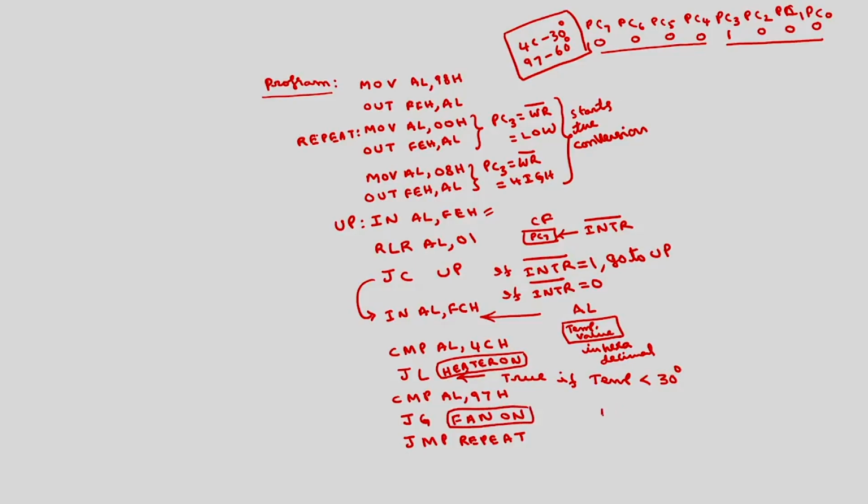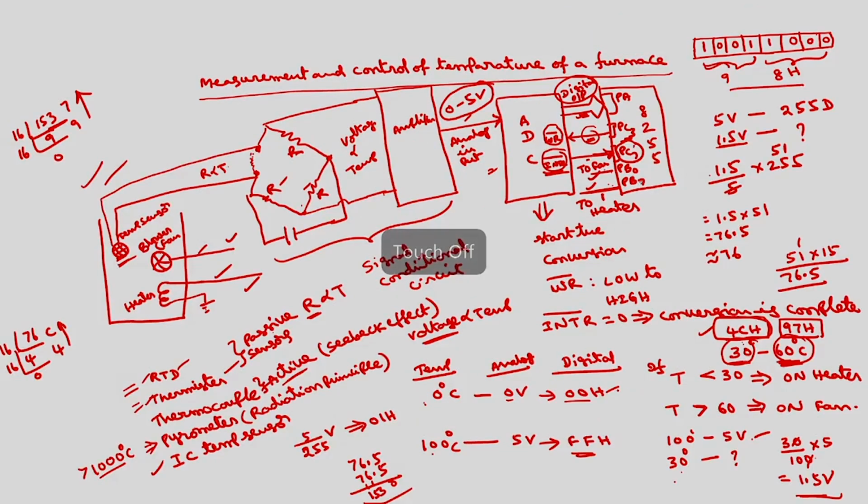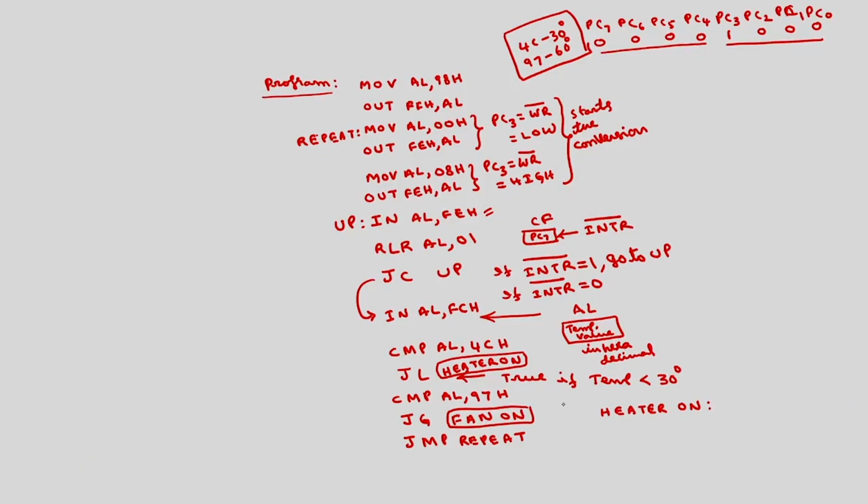Heater on. The heater is connected to pin PB7. So, PB7 you have to make as 1.